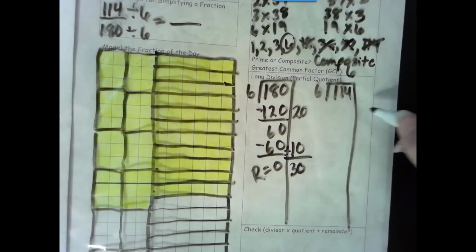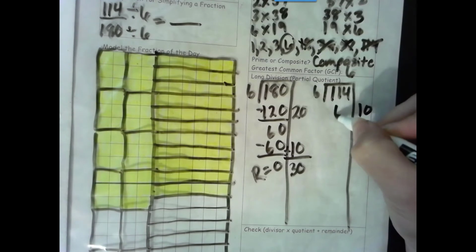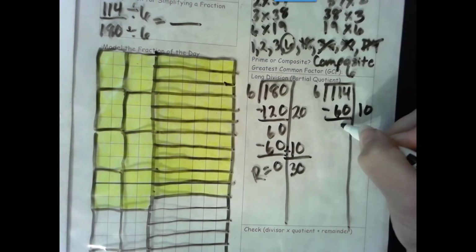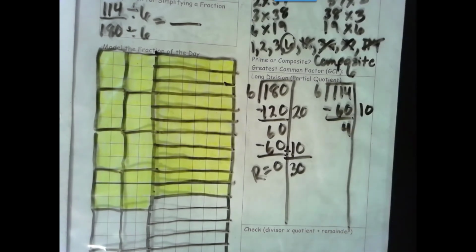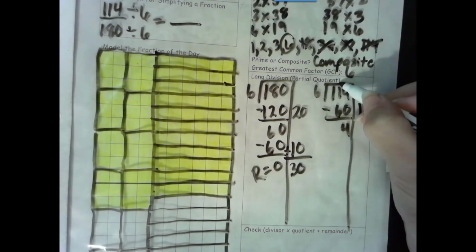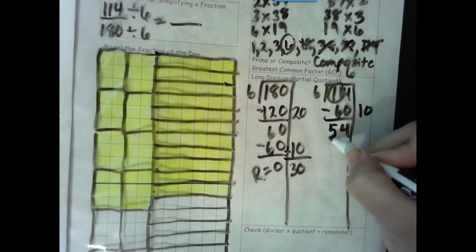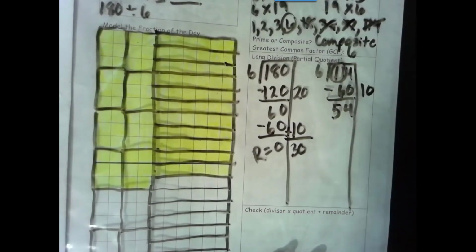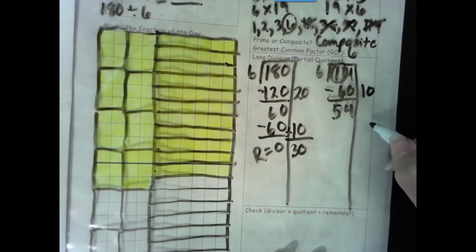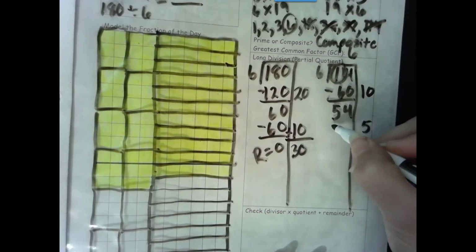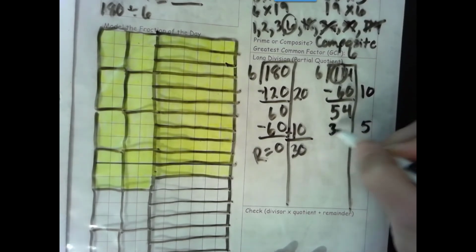Here, let's try 10 times 6 is 60. More on top, no need to stop. More on the floor, go next door, regroup 10 more. But actually what we have right here is just 11. 11 take away 6 is 5. Let's try 5 times 6 is 30.